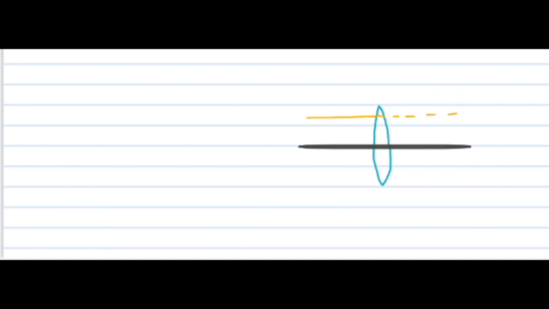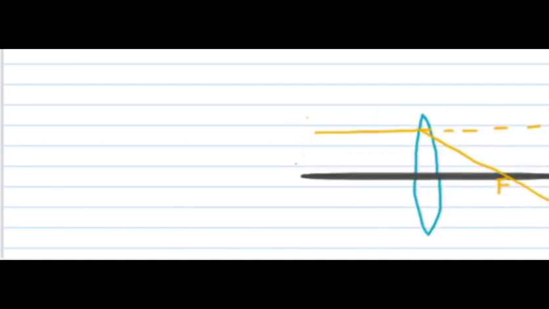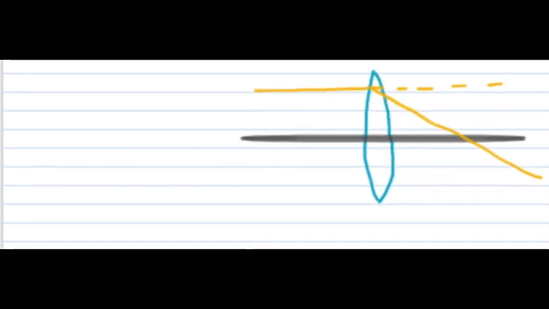The light after refraction from the lens passes through this point F. Let me just make this figure a little bit bigger. Now, can you see the light has bent by this angle? Let me represent this angle by delta.